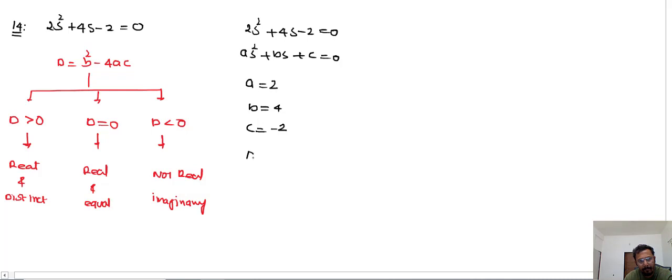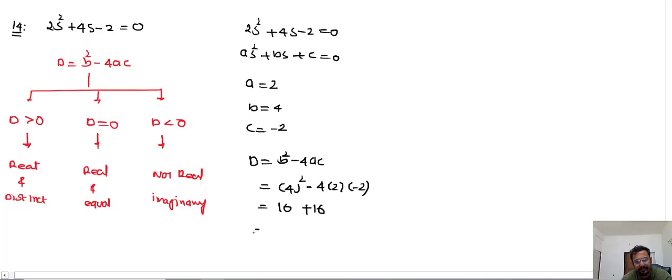So there is minus minus plus. So our roots are real and distinct. Option A, because our D is greater than 0. Just keep in mind.